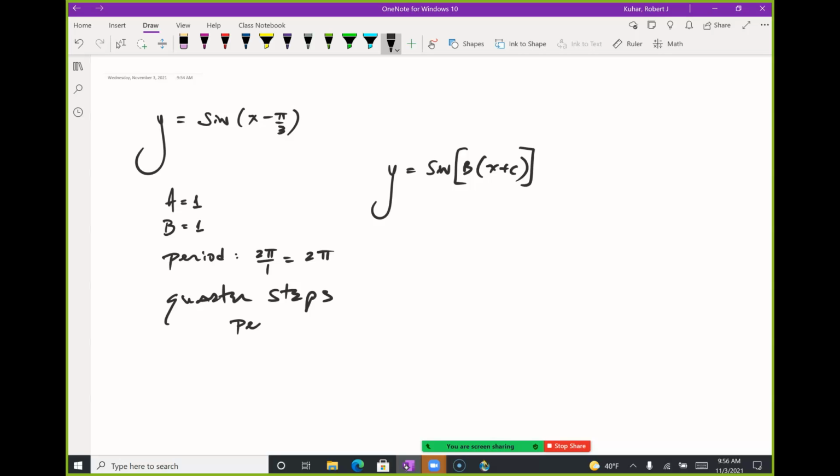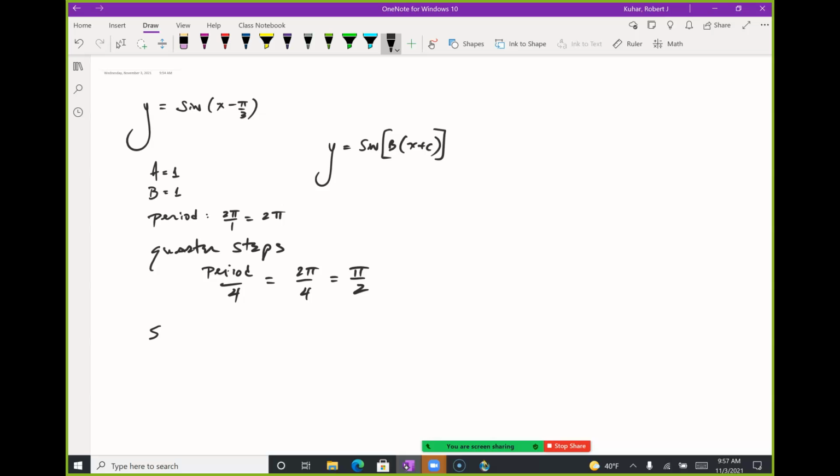So I do the period divided by 4. And it makes sense, right? Dividing by 4 cuts it in quarters. So 2 pi over 4 for us is going to be pi over 2. Now, that's going to change when we change b, but right for now, b is 1. But I want to be able to figure out how big each step is.